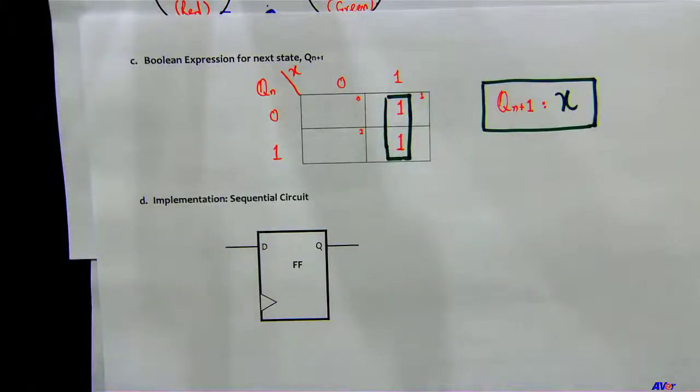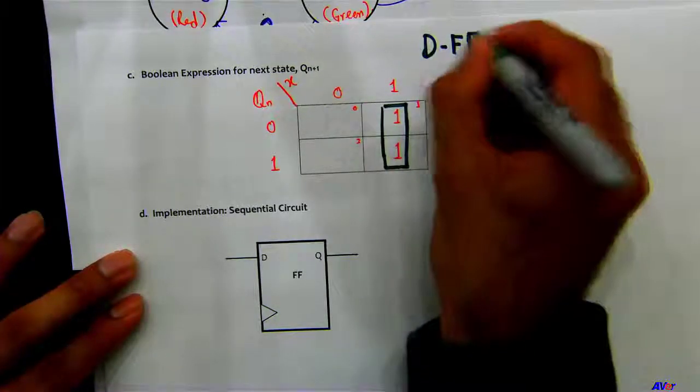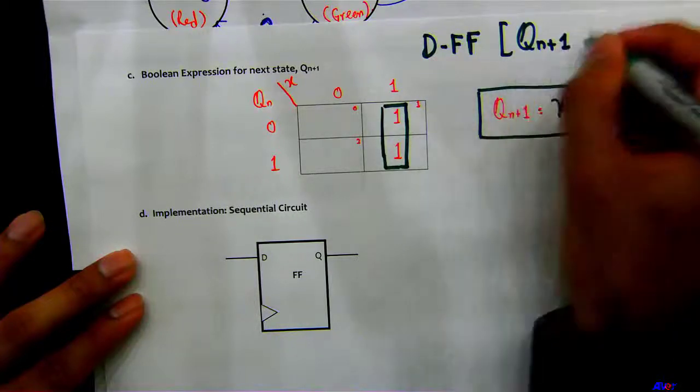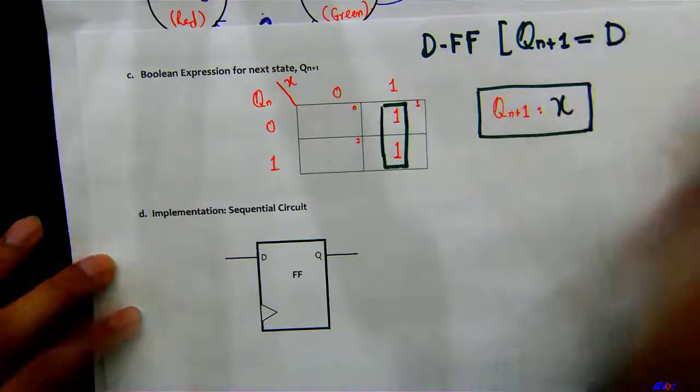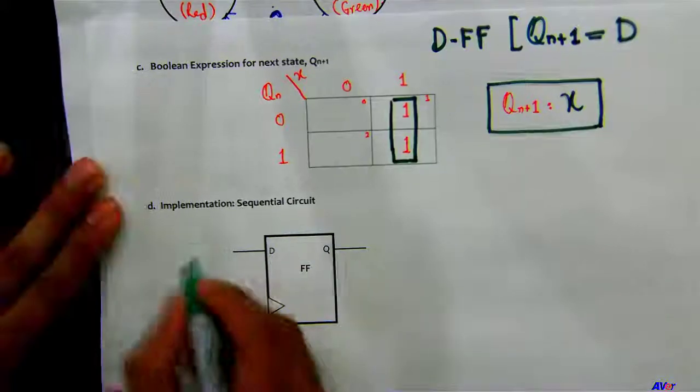So again, we are using a D flip-flop here. And then we know that the next state, when the clock is high, is equal to D. So what should be feeding into this D input right here? It will be X, correct?